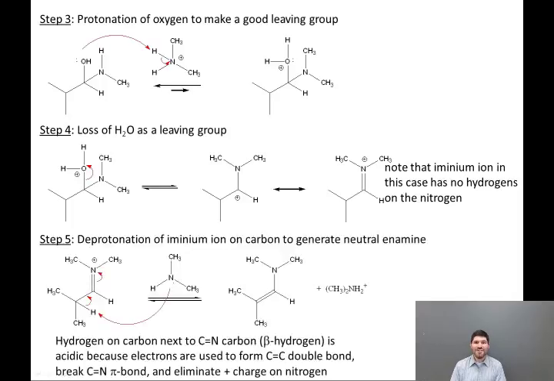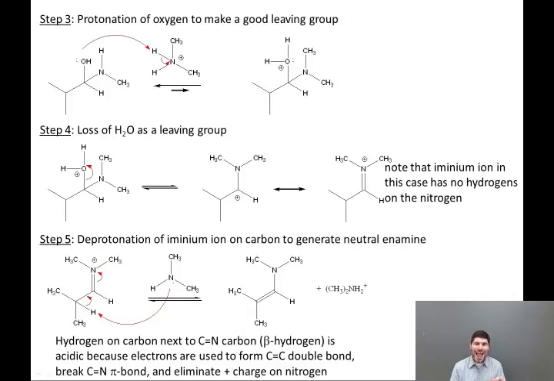So step 5 now is going to be deprotonation of the iminium ion on carbon rather than on nitrogen, because you can't deprotonate it on nitrogen to give the neutral enamine. It turns out that the hydrogen that is acidic in this case is the hydrogen on the carbon next to the C=N double bond carbon, and we call that a beta hydrogen.